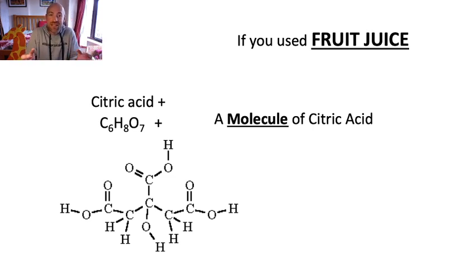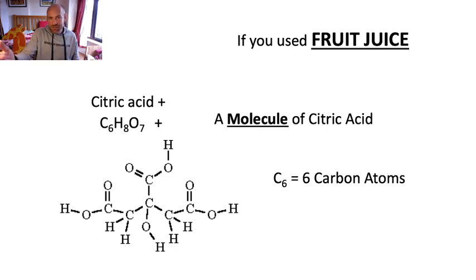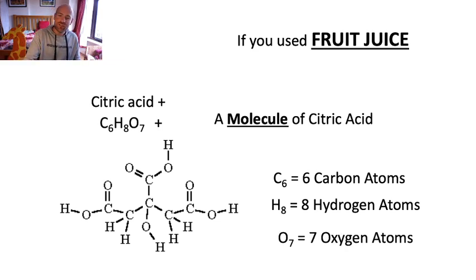So what this C6H8O7 business means is it just means that citric acid is made up of a molecule containing 6 carbon atoms, 8 hydrogen atoms, and 7 oxygen atoms. All right? That's it.